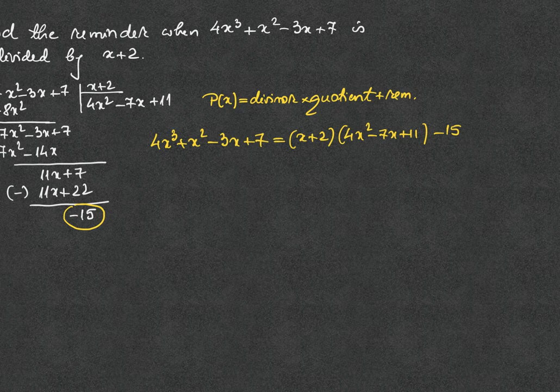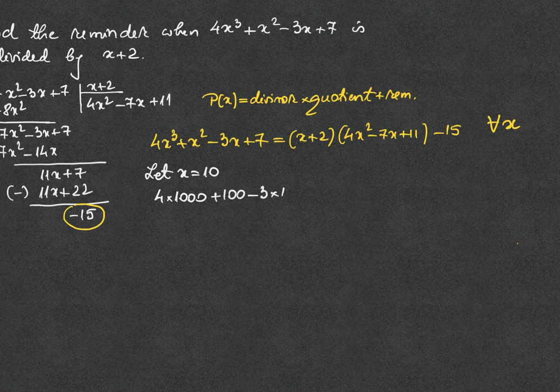Now, that's very important that this statement is true for any x. Like, for example, I can say, let x be 10. Then I have 4 times 1000 plus 100 minus 3 times 10 plus 7 equals 10 plus 2 times 4 times 10 squared minus 7 times 10 plus 11, minus 15.